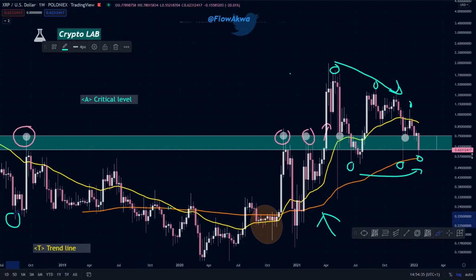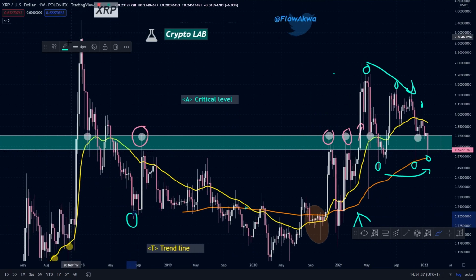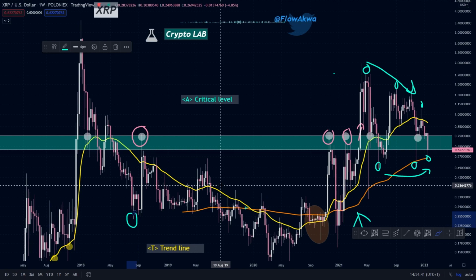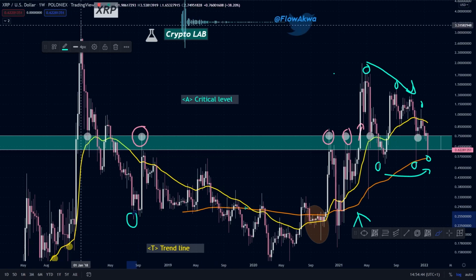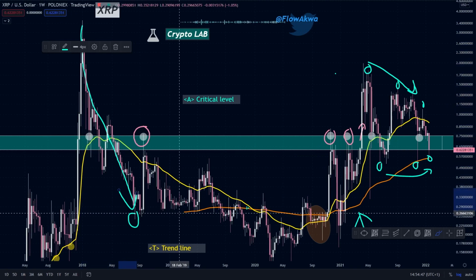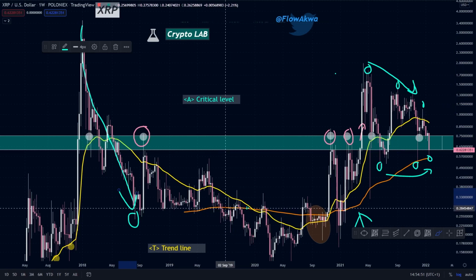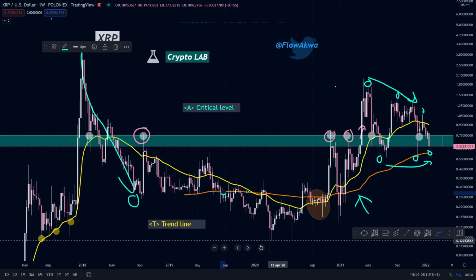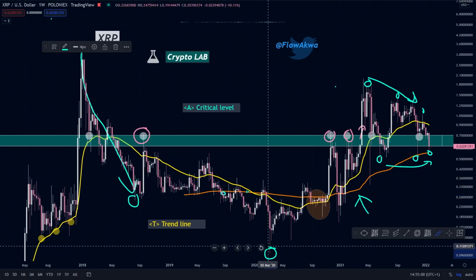And we know that for the XRP bear market, we had two phases. First, we went straight to this moving average, and then we went below it. And once we went below it, it was the beginning of the second phase of the bear market with a new low.